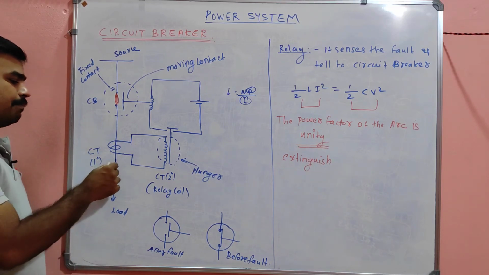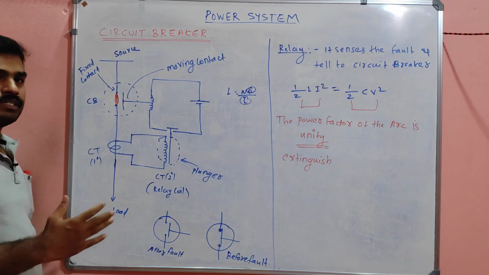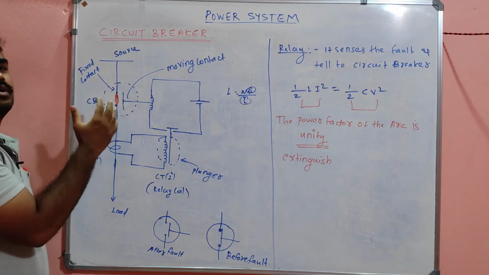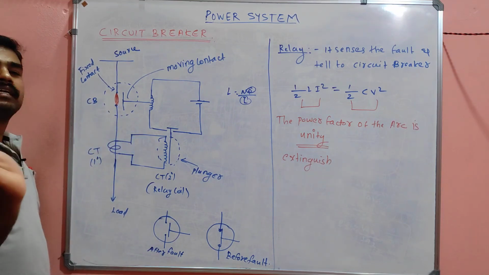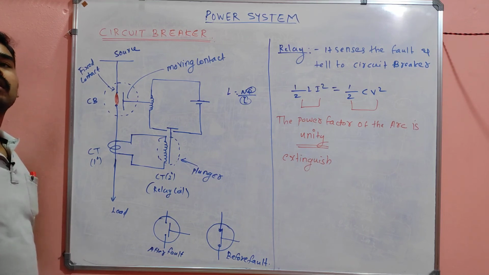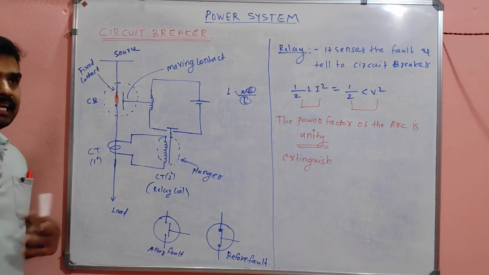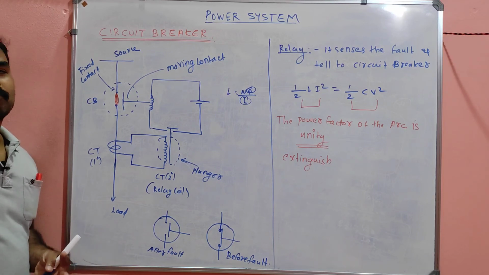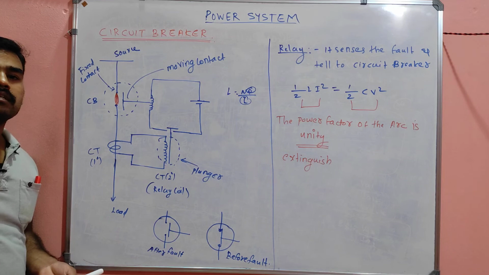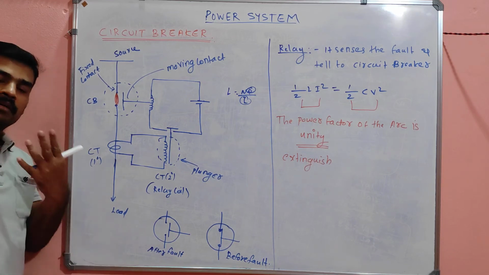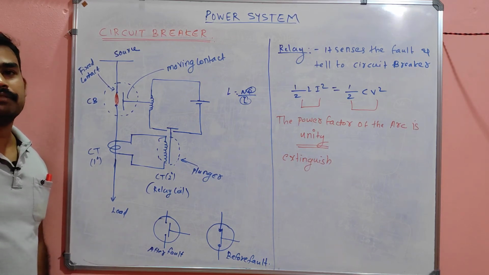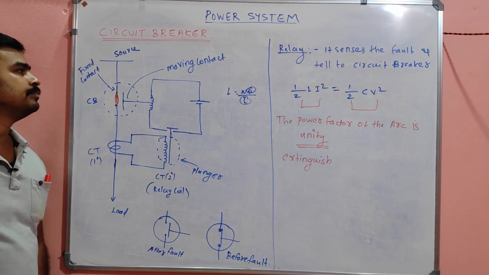Okay, so if the abnormal condition is removed, you can directly switch it on, or if the fault clears within a specific time, the breaker itself can make the circuit.